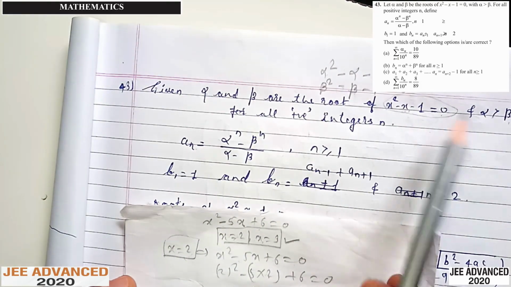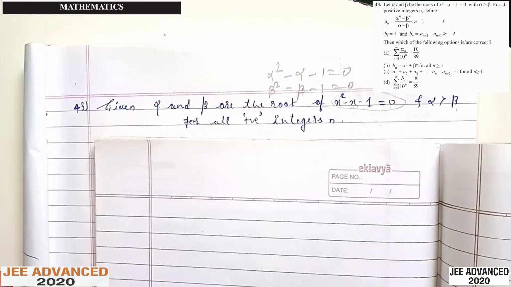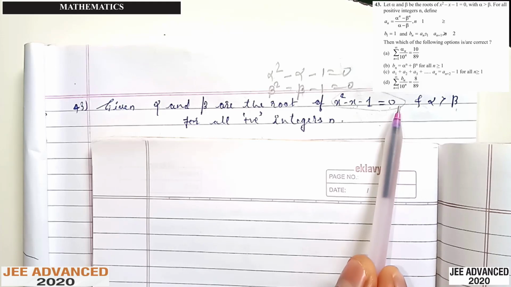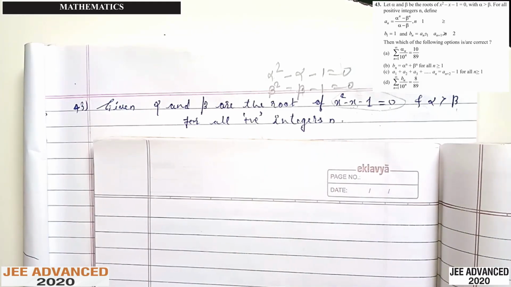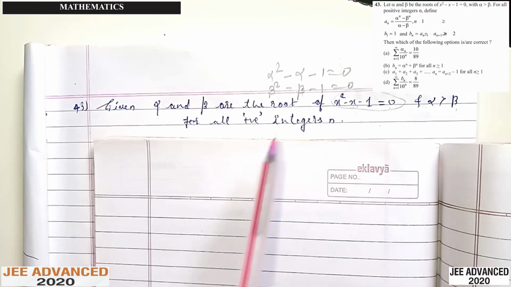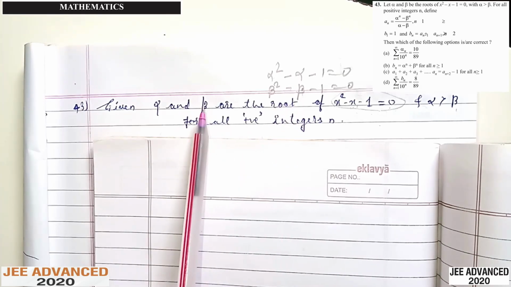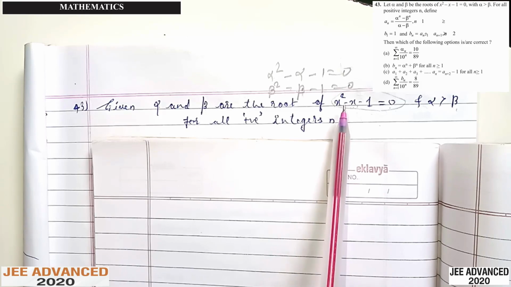So try to extract the given information from our question, and then we'll move on to the solution. First of all, I got these two quadratic equations using our roots. Now let's find the roots alpha and beta for this quadratic equation.